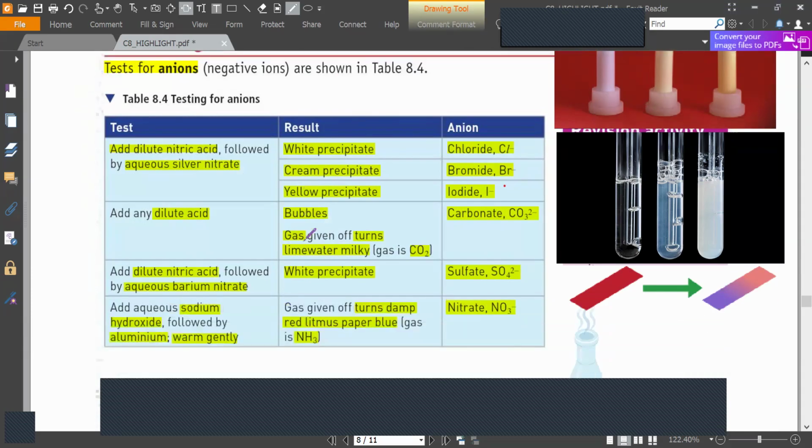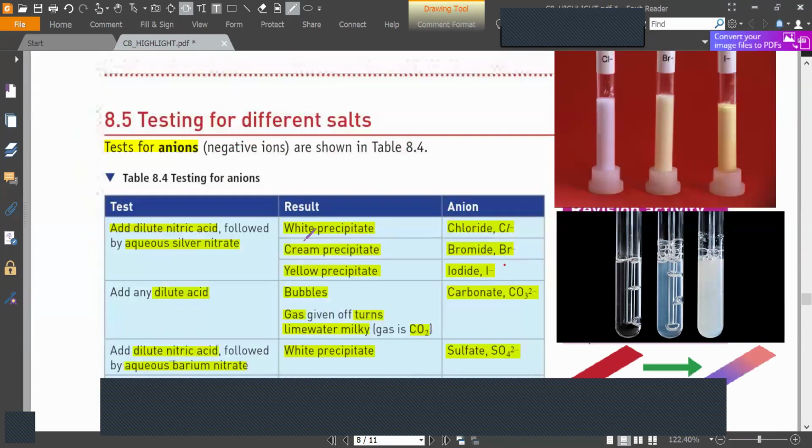It's also under this topic. Let's say we are given some colorless crystals. We want to find out what positive ion and what negative ion are in this sample. So we need to do a test.